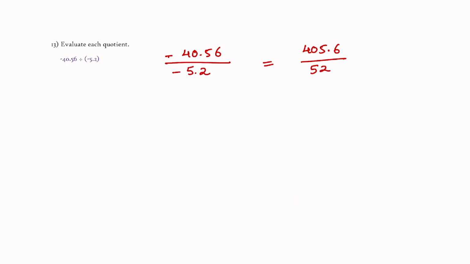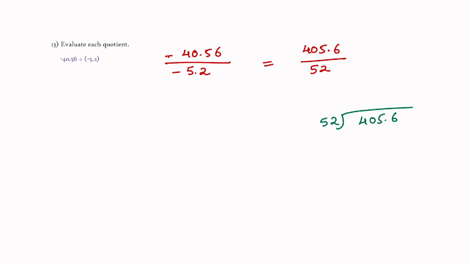Minus, minus. Minus divided by minus is plus, so we don't need to put any sign now, okay? So let's do the division. 405.6 divided by 52. 5 times 8 is 40 and 2 times 8 would be 16. So that would be 416.